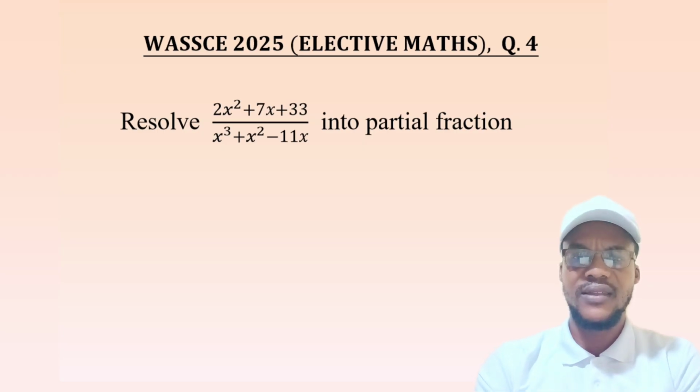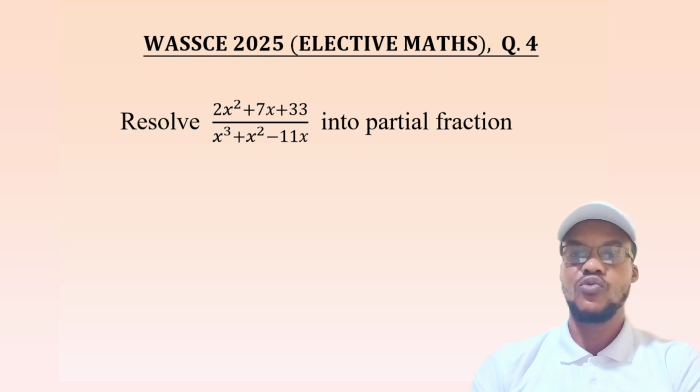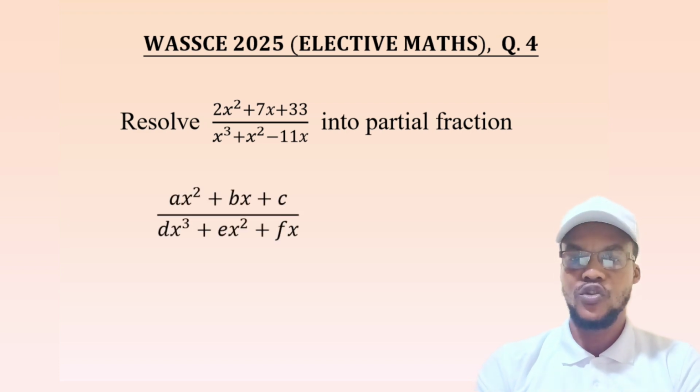So looking at this one, we are going to apply this principle to be able to resolve this fraction. Looking at what we have here, this is in the form given in the question.